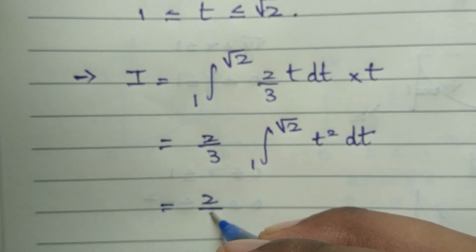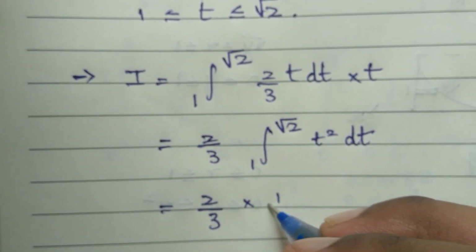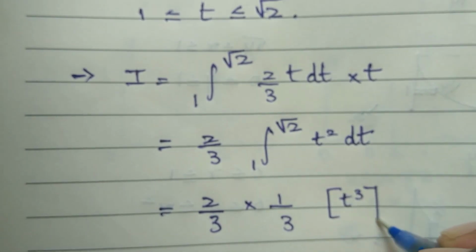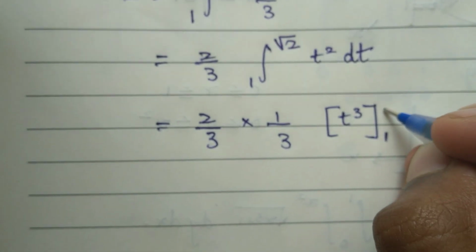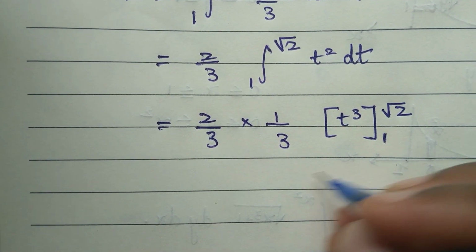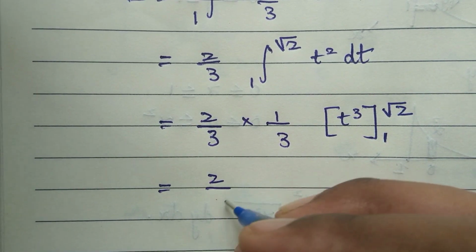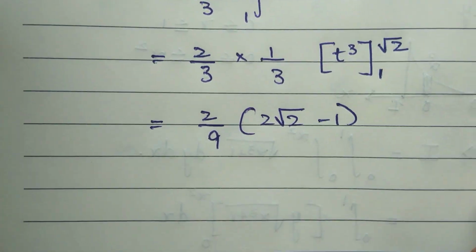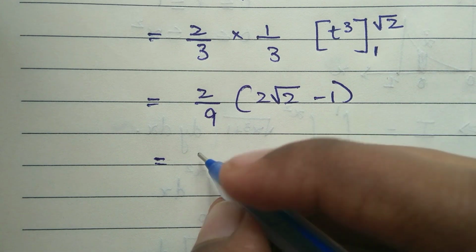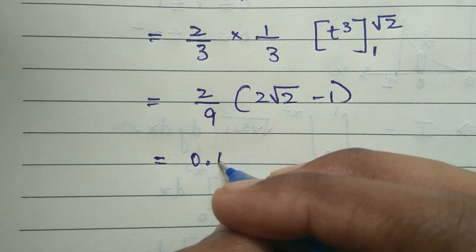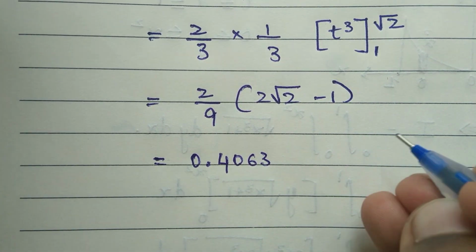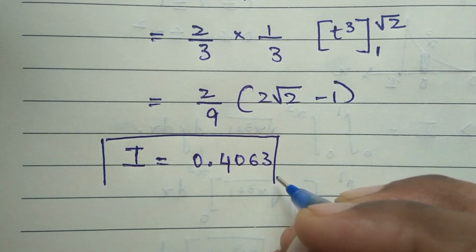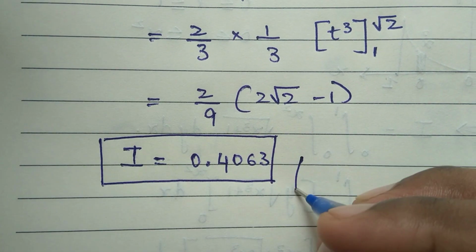It's just integration, and we get 2 by 3 into 1 by 3 t cube with the limits 1 and root 2, which will be equal to 2 by 9 into (2 root 2 minus 1), and when we calculate it, we get the answer as 0.4063. So that's the final answer.